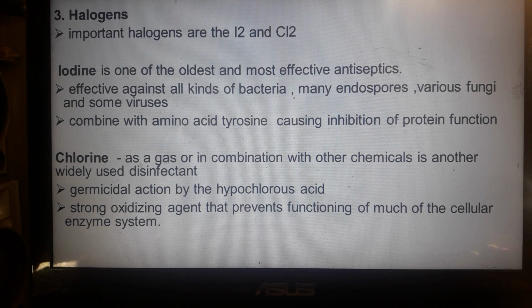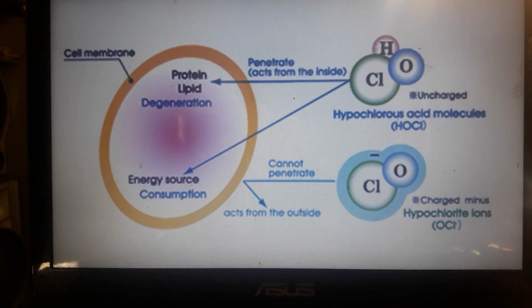Chlorine as a gas or in combination with other chemicals is another widely used disinfectant. Its germicidal action is by hypochlorous acid, a strong oxidizing agent that prevents functions of the cellular enzyme system. We have hypochlorous acid that is uncharged.